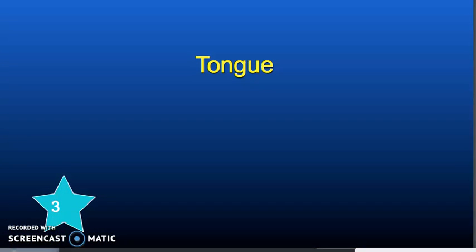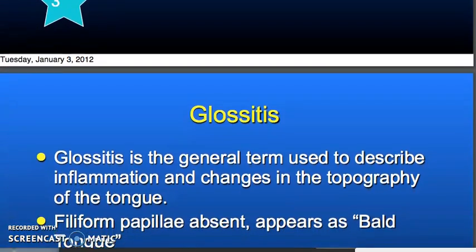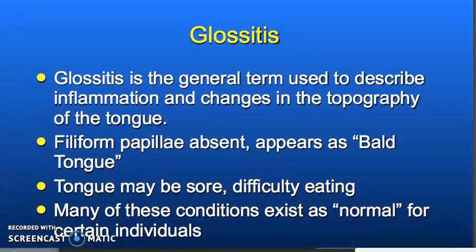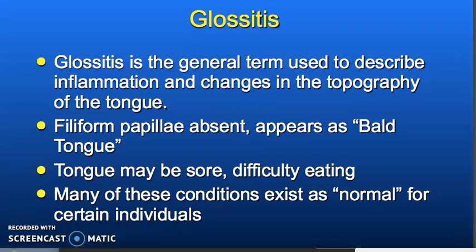So we have some more information on the tongue. We have talked about that before, but let's see what we have new about the tongue. Okay, so here is glossitis. And remember we talked about anytime you have the word glossia, that means the tongue.